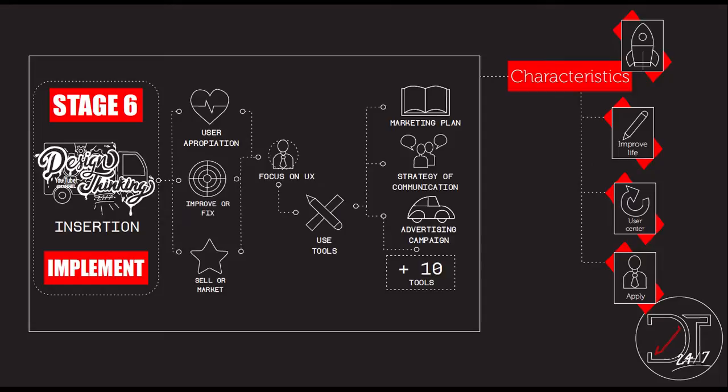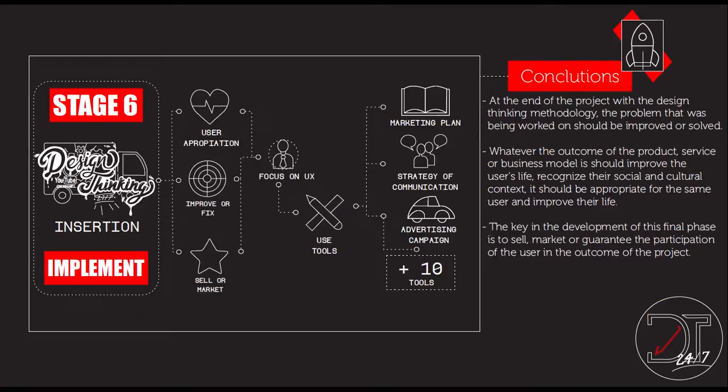And also remember that the application in the real context is always very important. As a conclusion, we can say that at the end of the project, with the design thinking methodology, the problem that was being worked on should be improved or solved. Not always will you have a 100% solution, but it's very important that at least you begin.